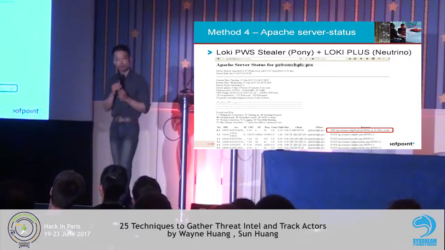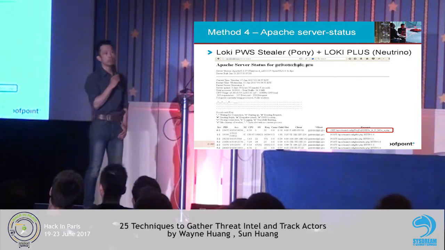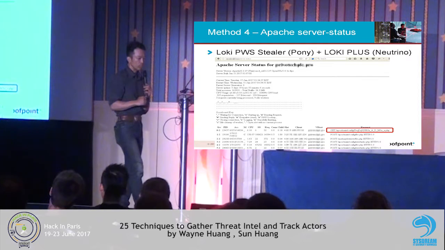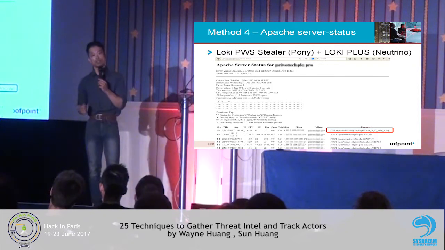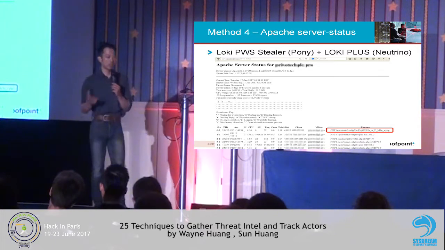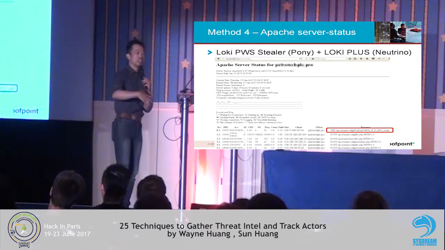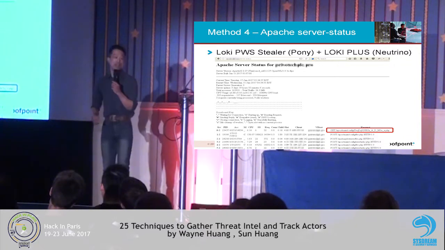Method 4. Some of these actors turn on their Apache server status module. And here is Lokibot plus Neutrino, Lokibot being a password stealer, a variation of Pony. We found a while ago that this actor has combined these two malware into one panel.